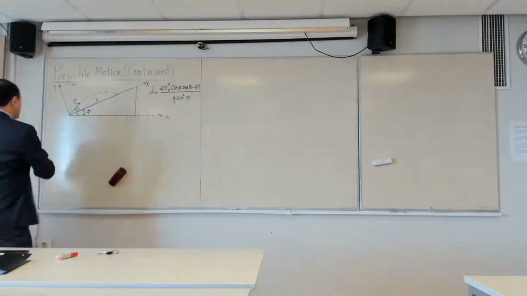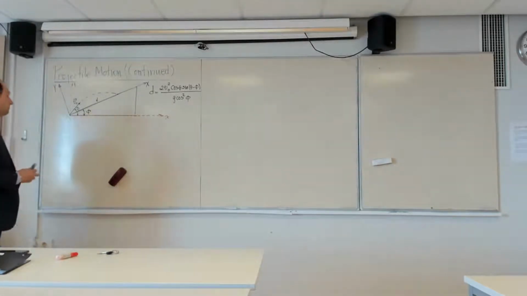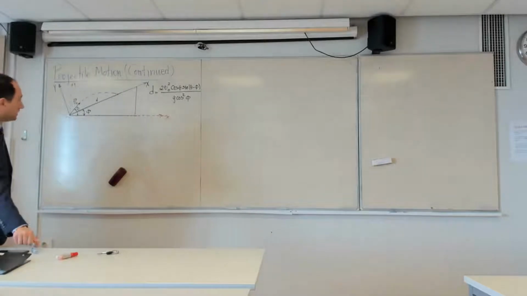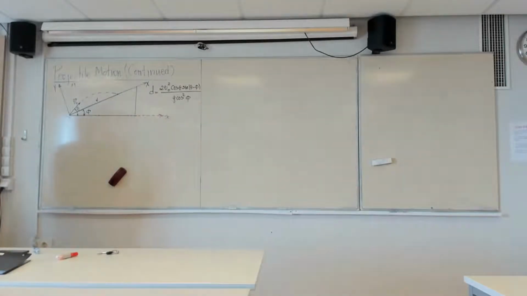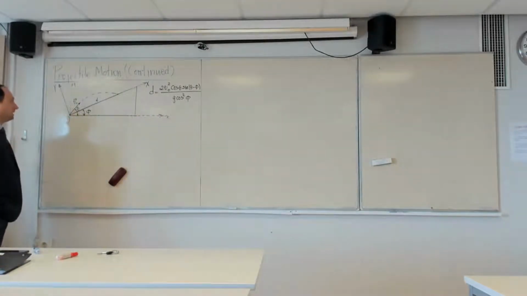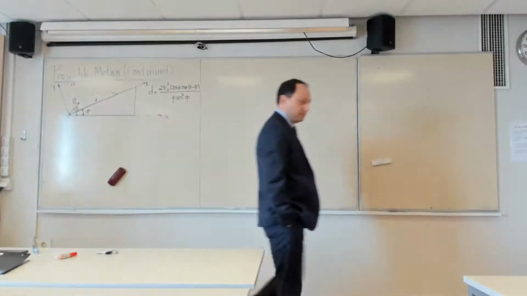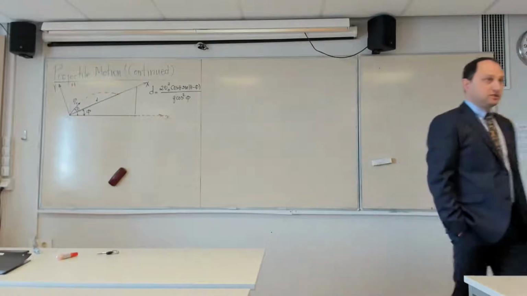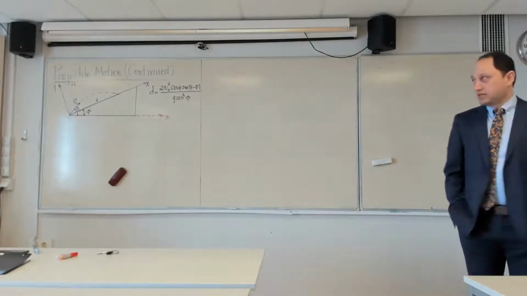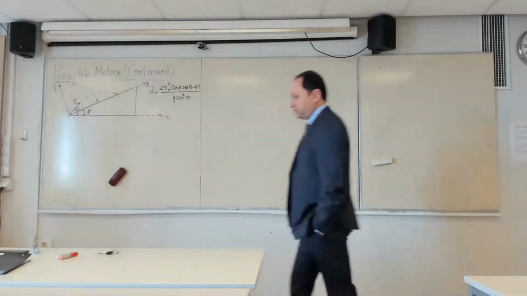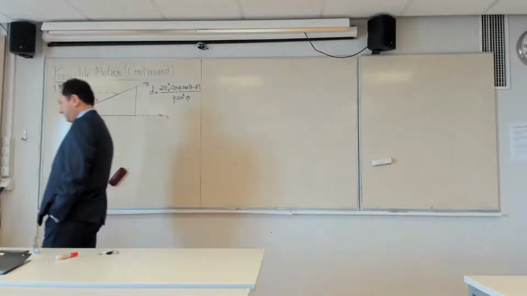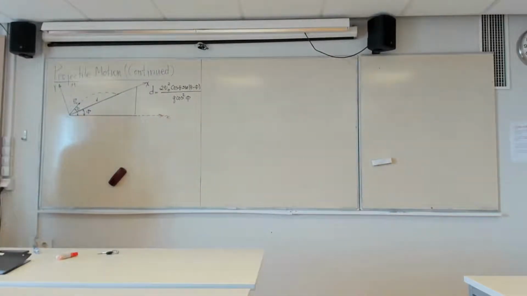Let me call this point O, for example, the origin, and let us see what happens here. So how do you think I need to start solving this problem in this new coordinate system? From scratch, exactly, from the principles of physics. Newton's second law.